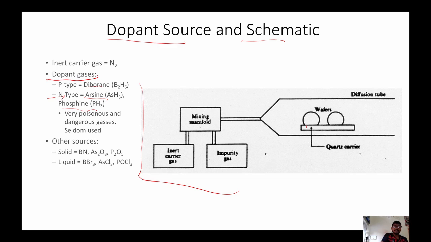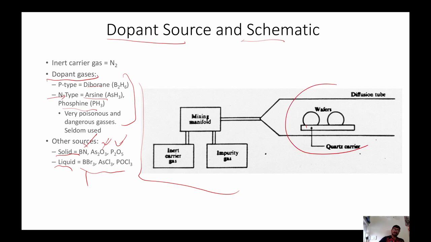These gases are highly poisonous and dangerous, so they are used with great care. Other sources are solid sources, boron nitride, arsenic oxide, phosphorus oxide, and the liquid sources, which are halides.